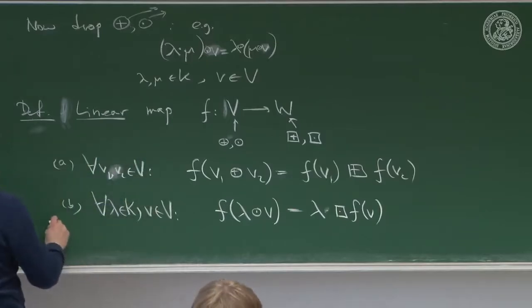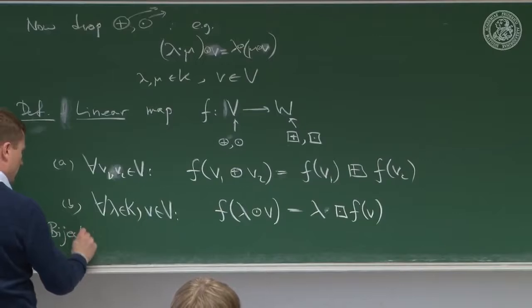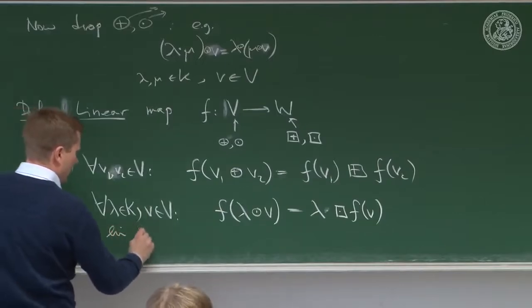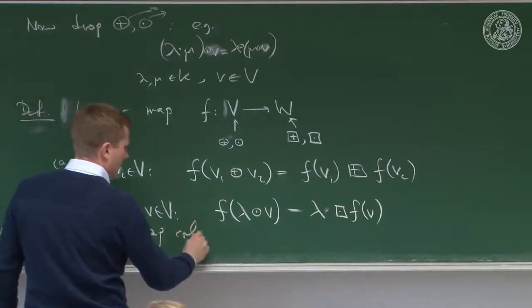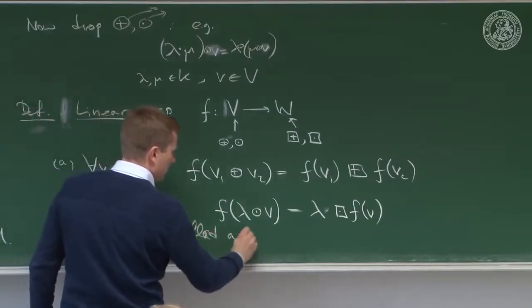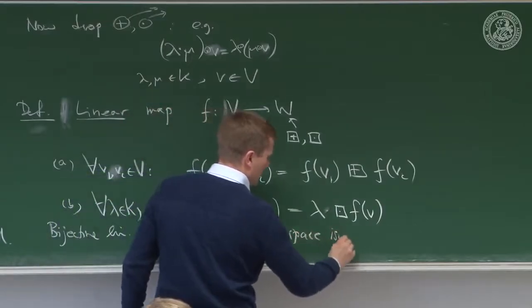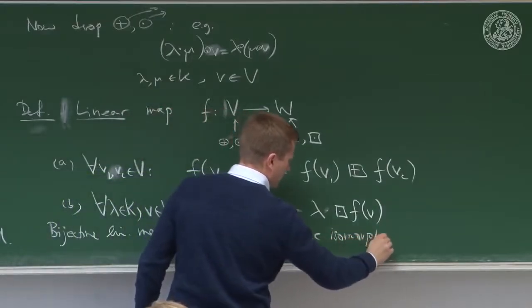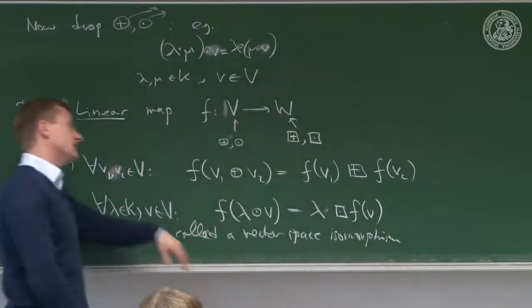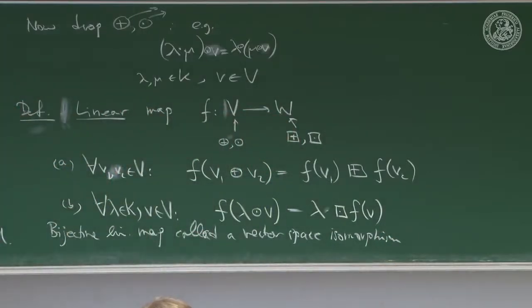And a linear map that's a bijection, a bijective linear map, is called a vector space isomorphism. And this is automatically linear in the other direction.